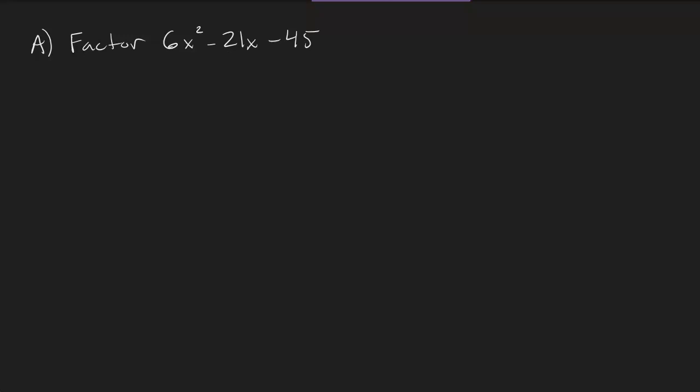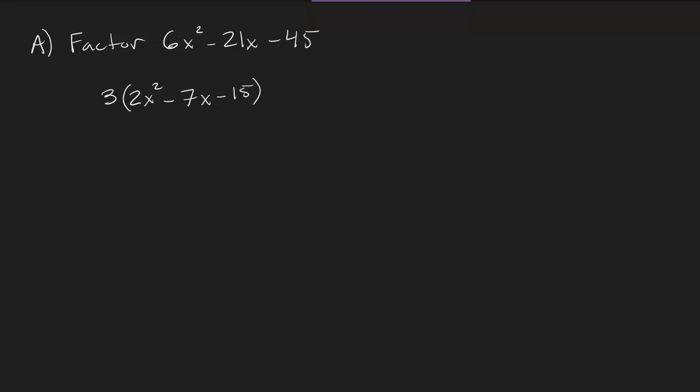There's a factor of 3. And that's essentially what you want to do. You want to simplify these three terms as much as possible to make it easier on yourself when you're factoring. Meaning I can remove a 3, and if I remove 3 from the 6, that becomes 2x squared. If I remove it from the minus 21, that becomes minus 7x. And if I remove the 3 from the 45, that becomes 15.